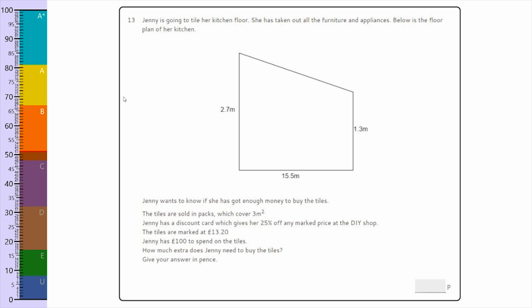So I know it's a trapezium, and as we've gone through before, to work out the area of a trapezium is going to be half (a plus b) times h. A plus b is going to be 5. Am I right on that? Yeah, and then half of that is going to be 2.5.